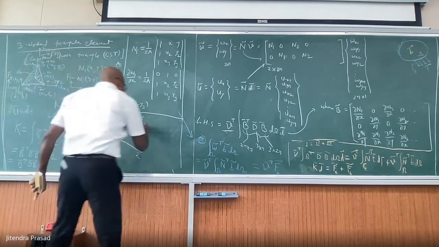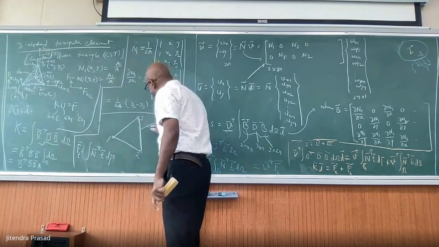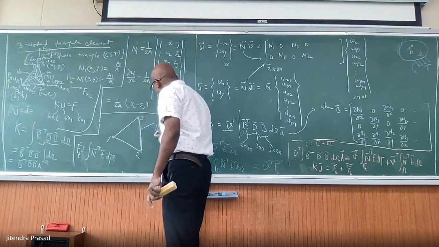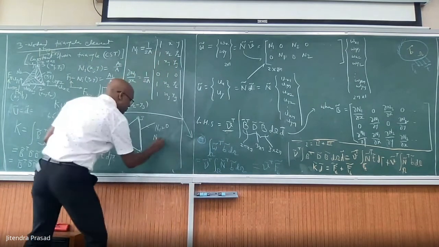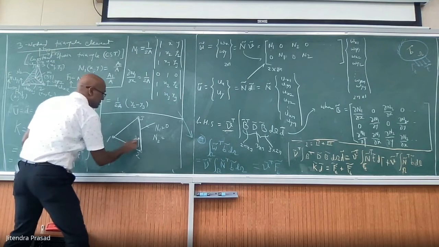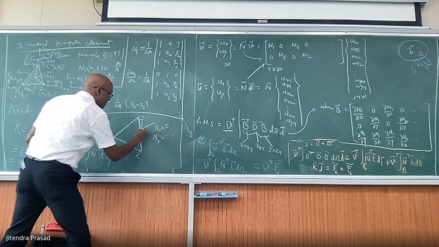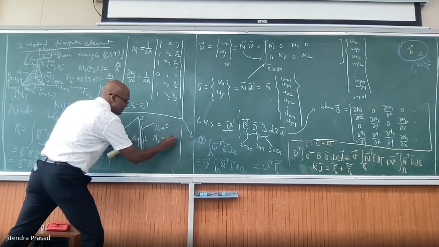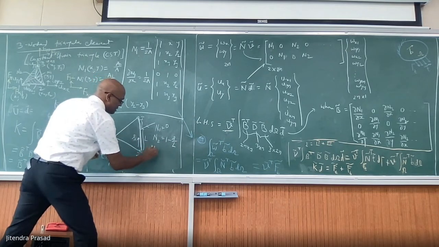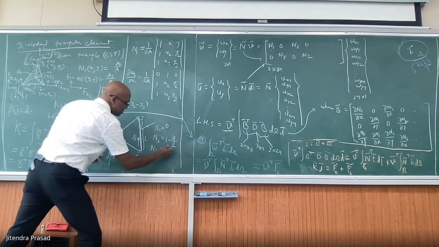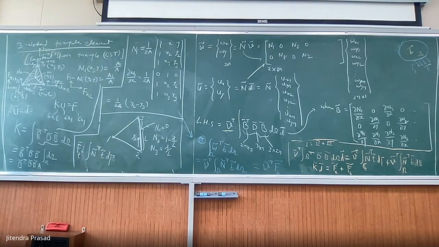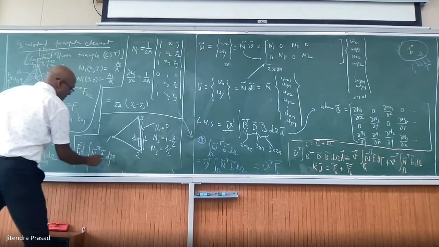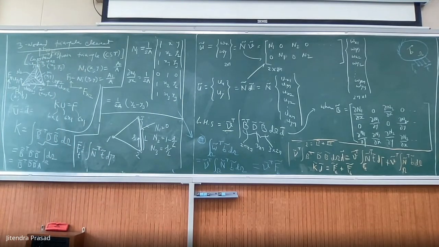Meaning that on this line you can write n1 will be equal to 0, and let's call the direction s, with length L from here to here. n2 you will write as 1 minus s over L, and n3 is s over L. It's the same thing. And then you integrate. Then you convert t as a function of s, and then you integrate like that.